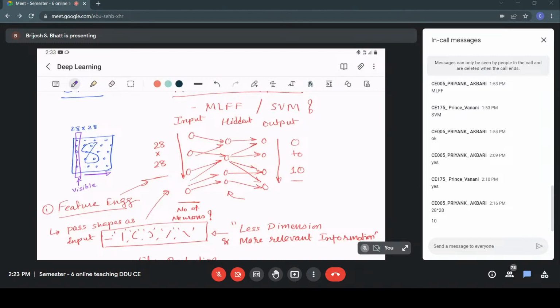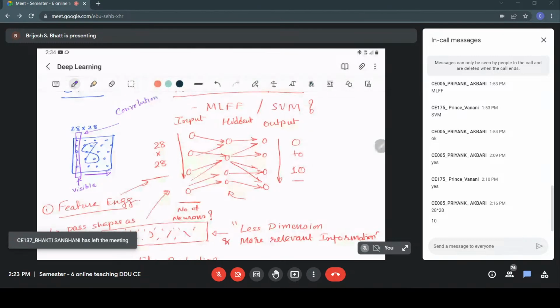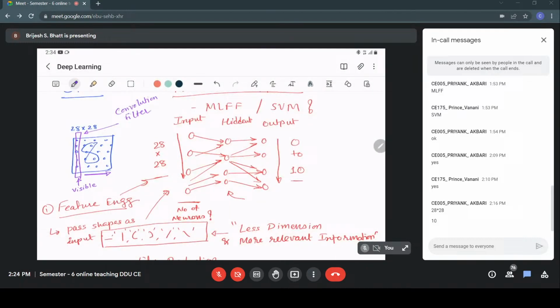That kind of slider you can pass, and this slider is known as a convolution filter. Similarly, you can pass a second slider of this kind and move it on the vertical dimension, and again try to capture the shape that you are seeing in between.